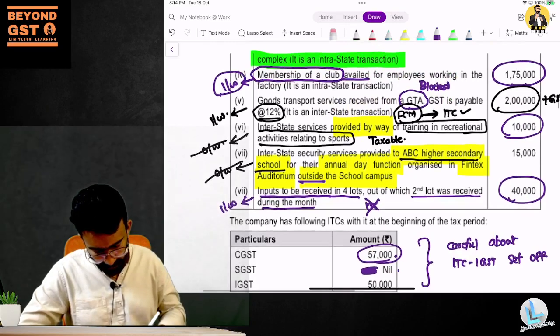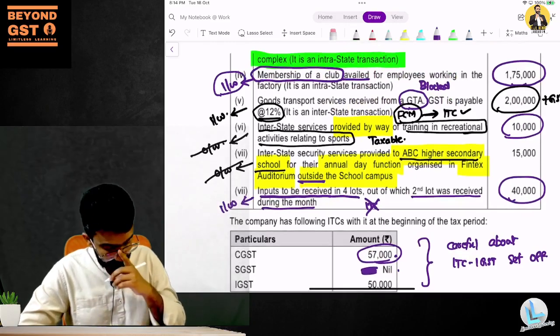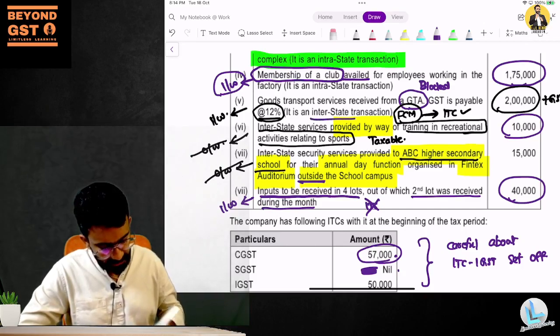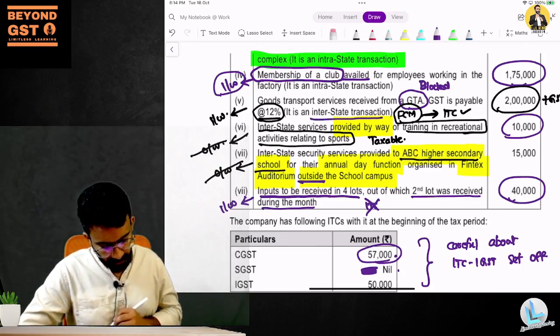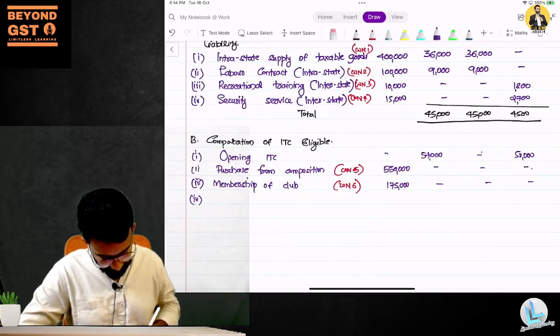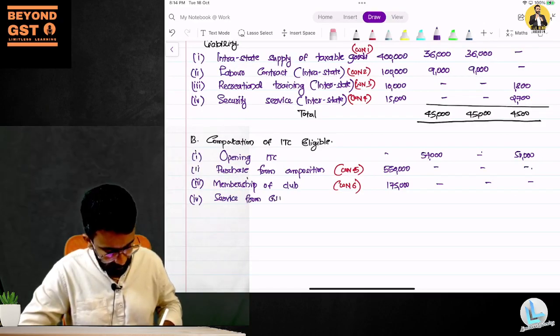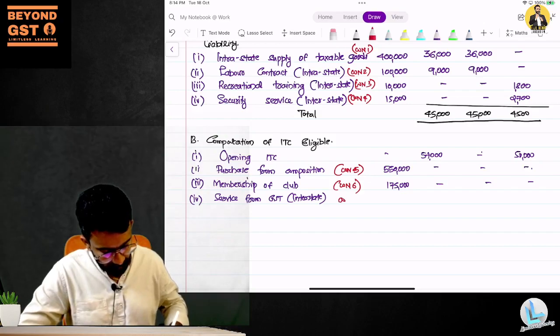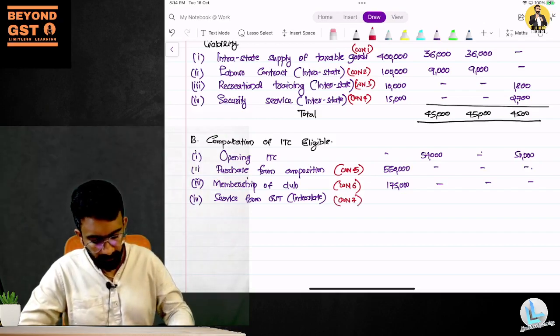Then what's the next inward supply? Inward supply from GTA. It's an interstate transaction. So GTA is paying tax at 12%. Two lakh.